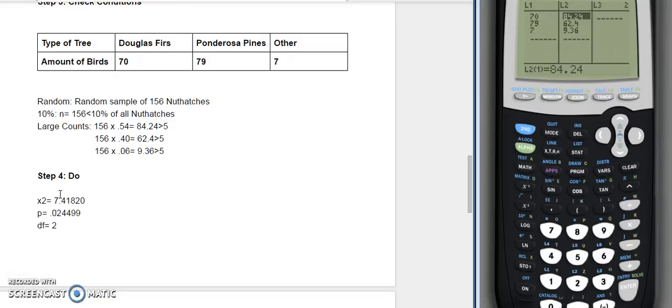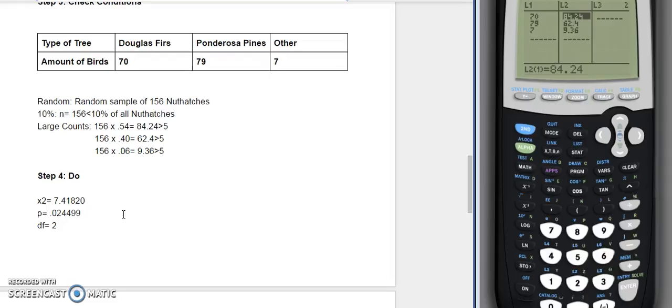The large counts condition was met when we take our sample size multiplied by the decimal percent of each amount of birds in each particular tree. These numbers are called our expected counts. These numbers also have to be more than 5 when passing the large counts condition. 84.24, 62.4, and 9.36 are all larger than 5.